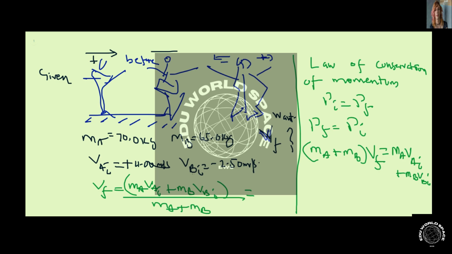So we're going to plug in the numbers. Remember, the initial velocity of B is negative, so don't forget that part of the problem. When we plug in these numbers, we get 70.0 kilograms times the initial velocity of A, which is positive 4.00 meters per second.